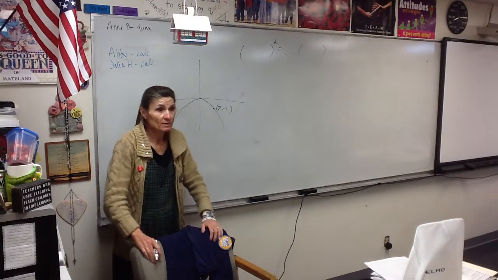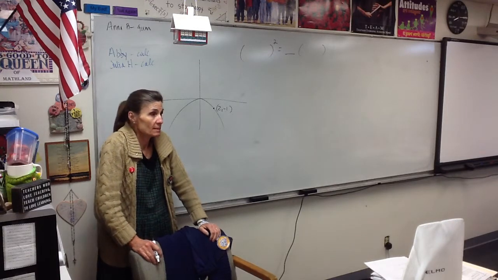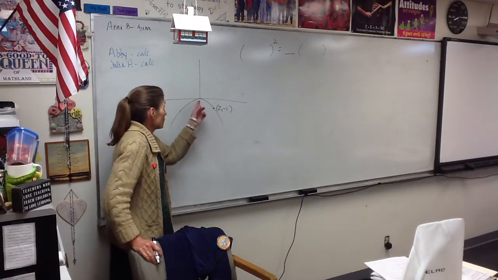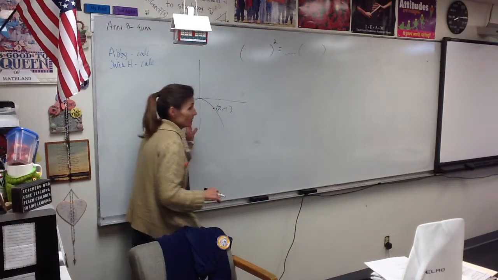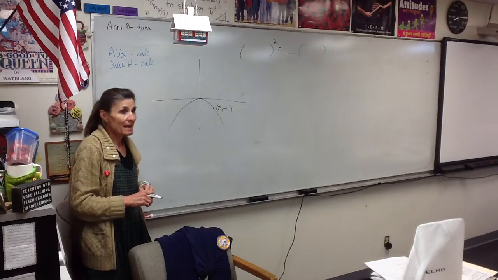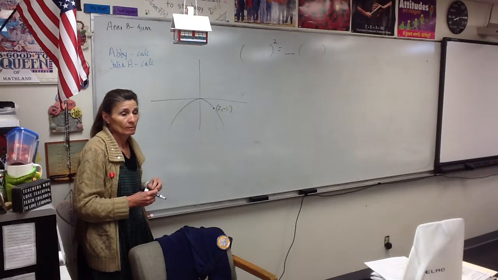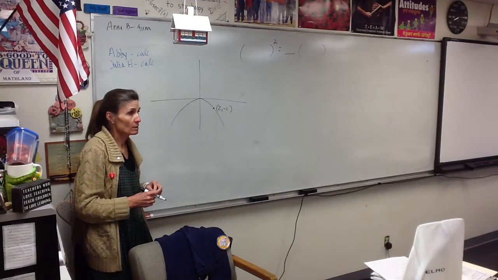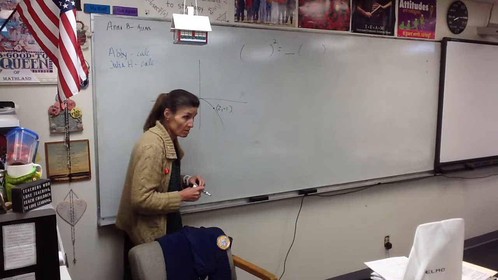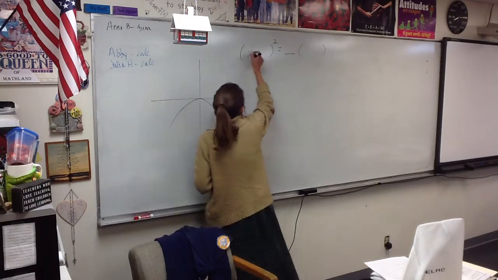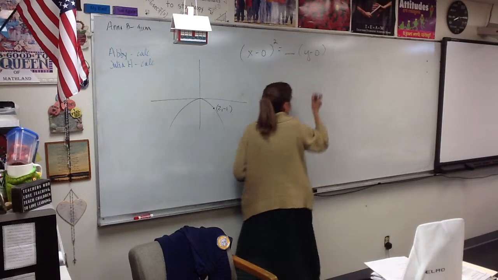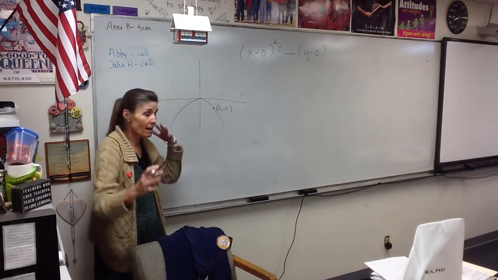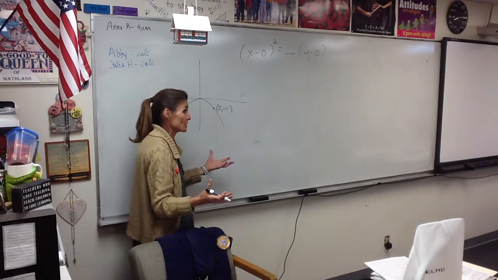Remember, there's one parenthesis squared and one parenthesis not squared. Now, the vertex of this one is at the origin, and it opens down. What does that tell me? If it opens down, it's an x squared. So this will be x minus 0 and y minus 0. You do not have to put those zeros in there. I am, because I just want to remind myself that's where the vertex coordinates go.